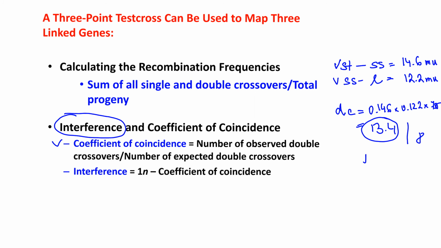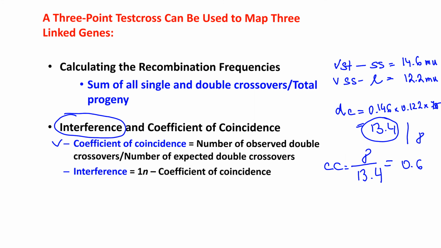So the coefficient of coincidence in this case will be 0.6. What does it mean? It means that we observed only 60% of the expected double crossovers.